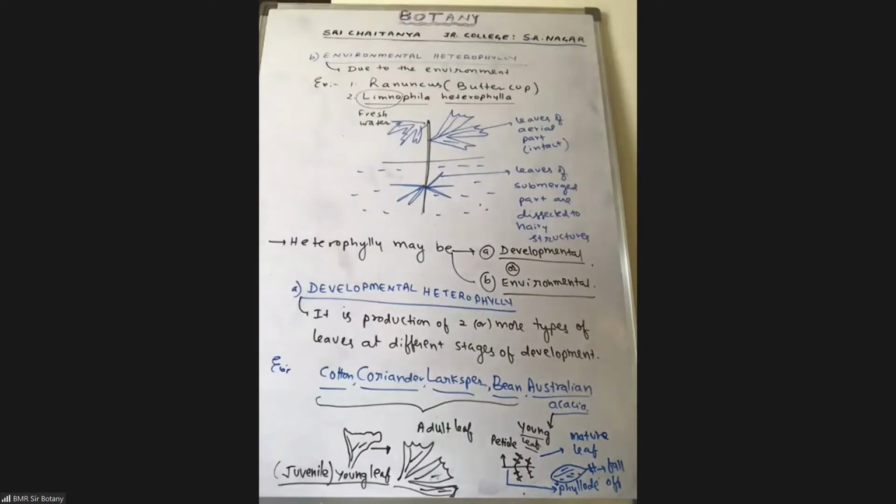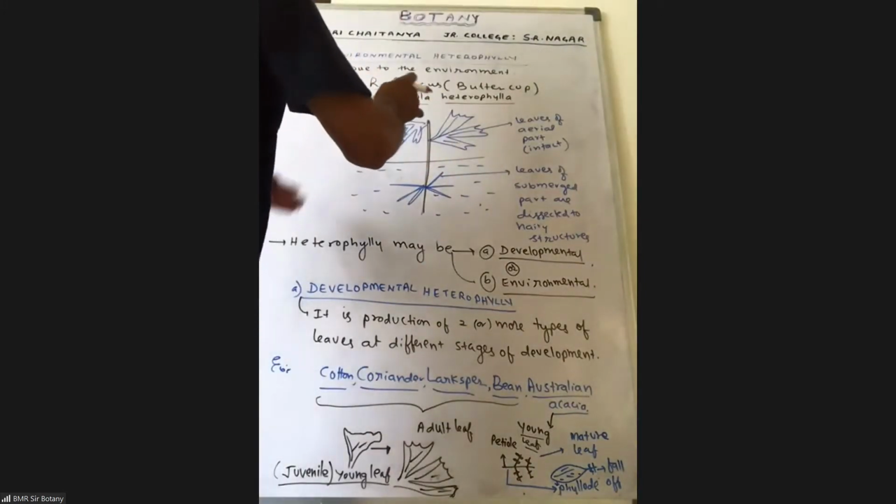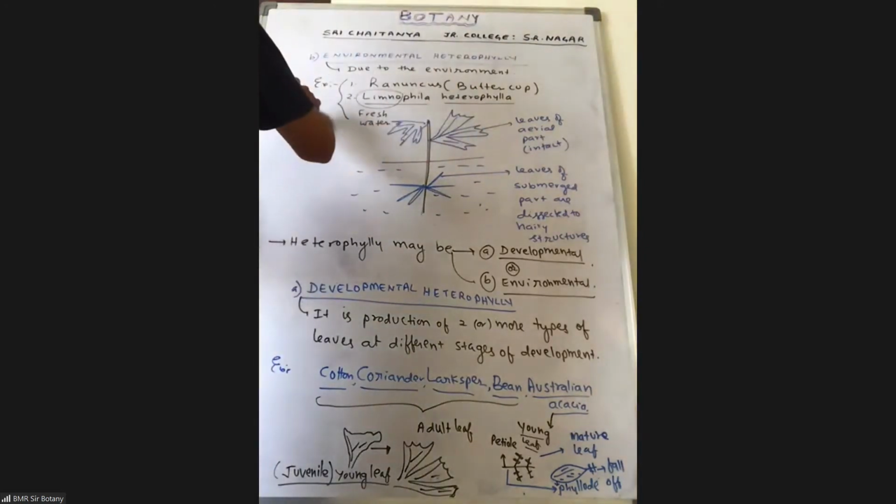In fact, these were called amphibious plants. Remember, Nana, partly in water, partly aerial. Amphibious aquatic plants.